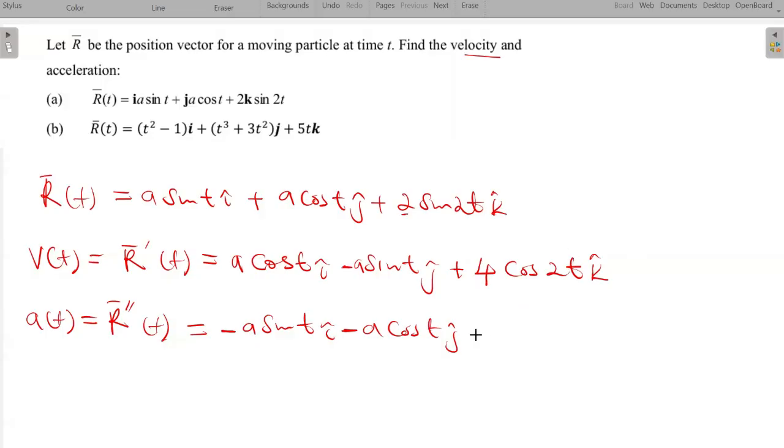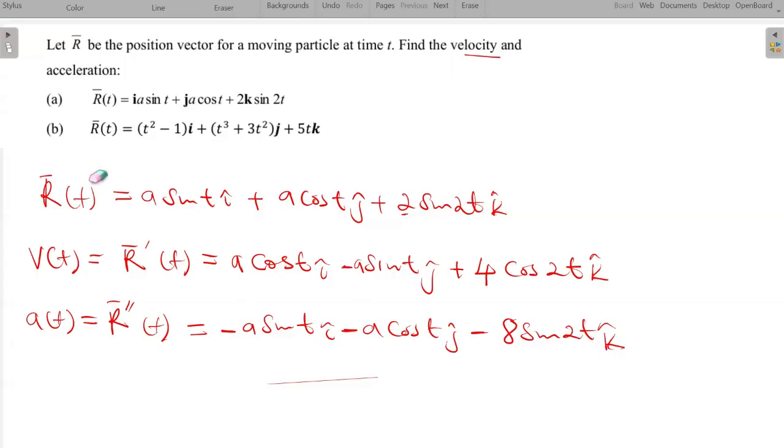Then I differentiate this last part, that will be negative sine 2t. Then I differentiate the 2t, that gives me 2, then the 2 I multiply by the 4, that gives me 8. So this is going to be the acceleration of this particle, right?